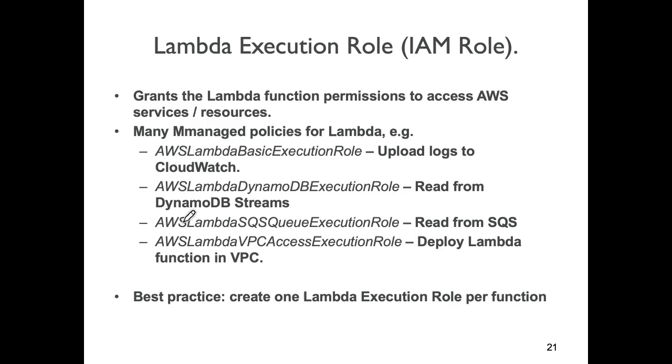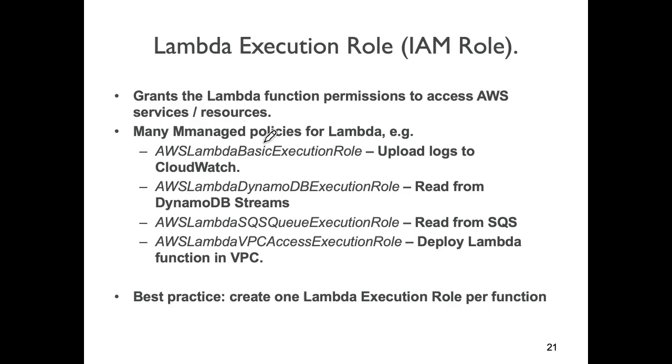I'm just mentioning some of them here, kind of randomly. Although the very first one, AWS Lambda basic execution role, every Lambda function has to have this particular role associated with it. Otherwise, it wouldn't be able to talk to CloudWatch logs. If you looked at the detail behind this role, you would see that that is what it enables.